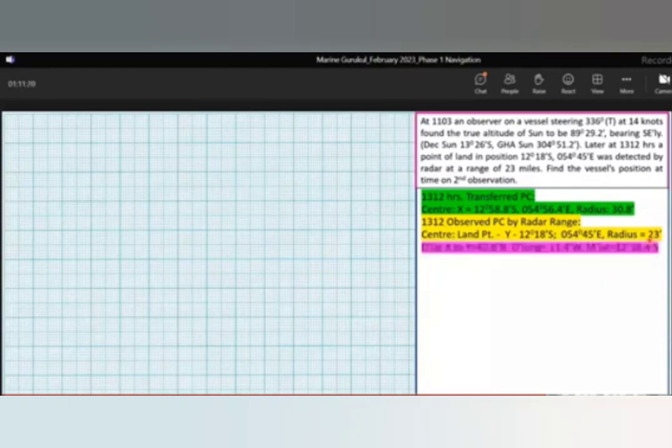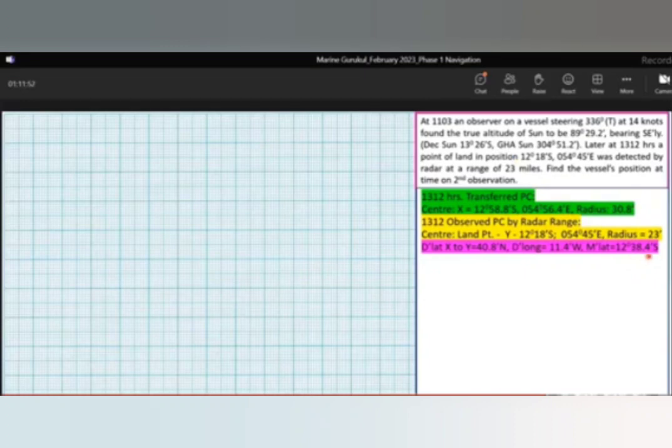Now the D lat from X to Y, X is the center of the transferred PC, Y is the center of the observed PC. D lat between their centers happens to be 40.8 minutes north. That means Y is 40.8 minutes north of X, and D long between the two happens to be 11.4 minutes west, and M lat between the two is 12 degrees 38.4 minutes south.